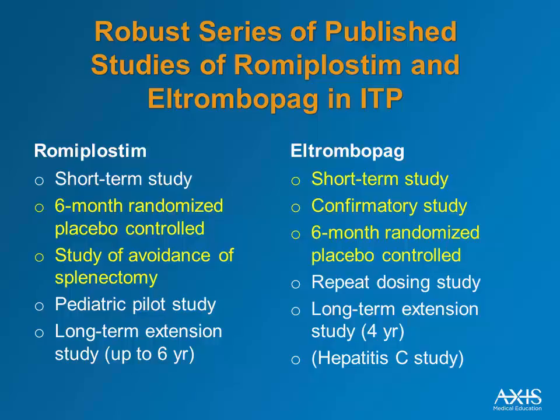Eltrombopag, in addition, is licensed for aplastic anemia. The hepatitis C data is not as relevant now that there are newer agents to treat hepatitis C and interferon is not frequently used.